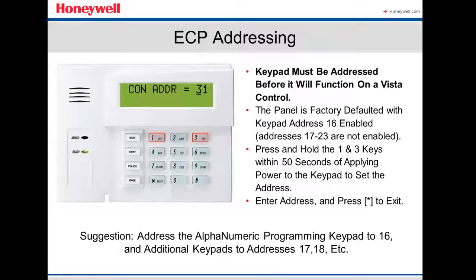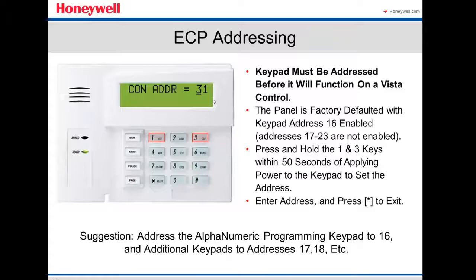We always start with addressing the first keypad, which is going to be address 16. The way you do it, you set up your keypad, run the cable to the ECP bus, and then you turn on the power. The first thing you're gonna do is press 1 and 3 at the same time, in the first 50 seconds of turning it on.